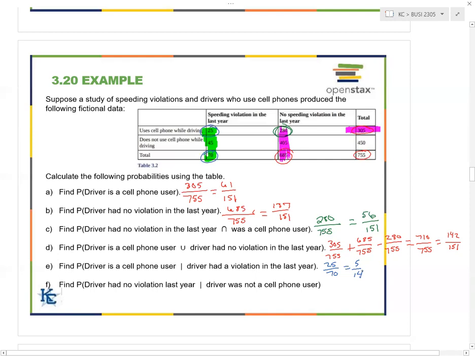And then we want to find the probability that the driver had no violation last year, given that the driver was not a cell phone user. So this time, let me erase because my graph is getting kind of messy.